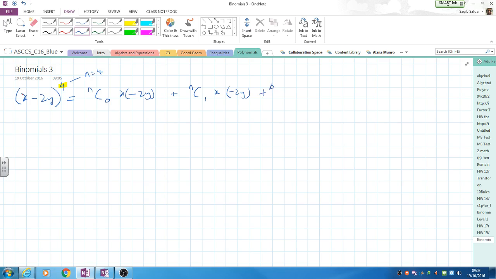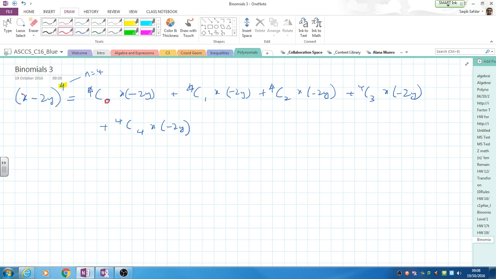Plus, instead of writing n, let's write 4: 4C0 and 4C1. And then we've got 4C2 (x minus 2y) plus 4C3 (x minus 2y). And finally, 4C4 (x minus 2y).